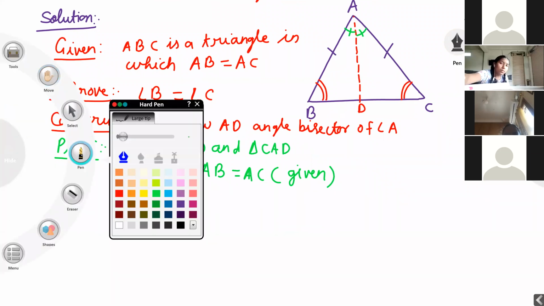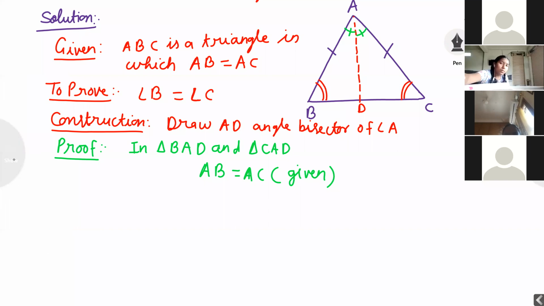Next, if AD is the bisector of angle A, then I can say angle BAD is equal to angle CAD, because angle A is bisected into equal angles, half from the left side and half from the right side.